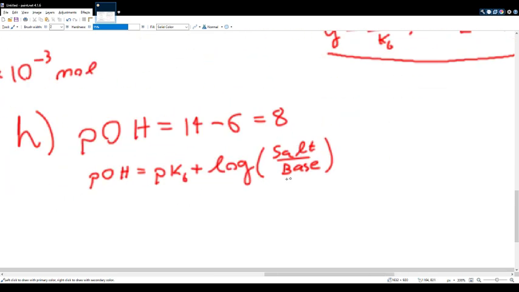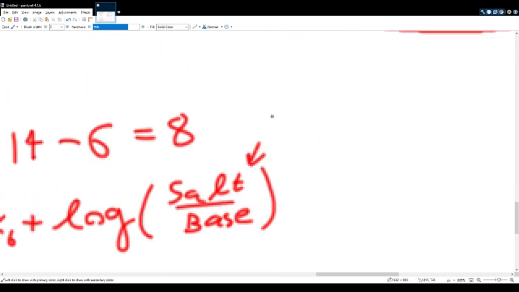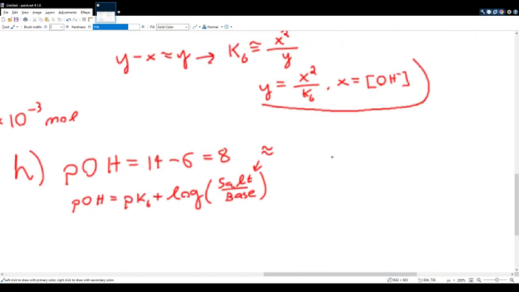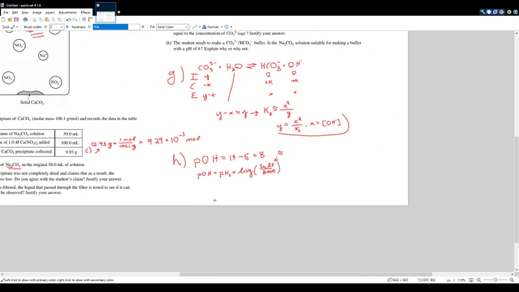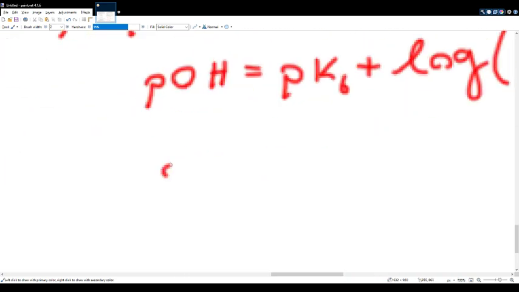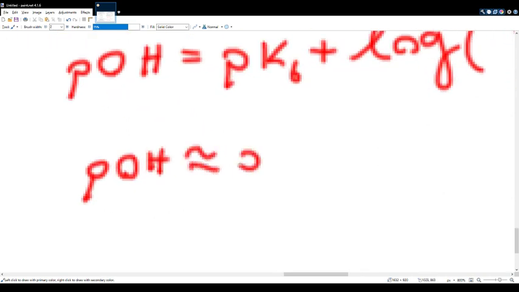You may see this ratio written differently. I read it this way, it's just easier to remember that way. But during the buffer region, these concentrations are approximately equal to each other, right? When these are equal, the ratio between them is going to equal 1, and the log of 1 is 0. So during the buffer region, when it is a buffer, pOH should roughly equal pKb.